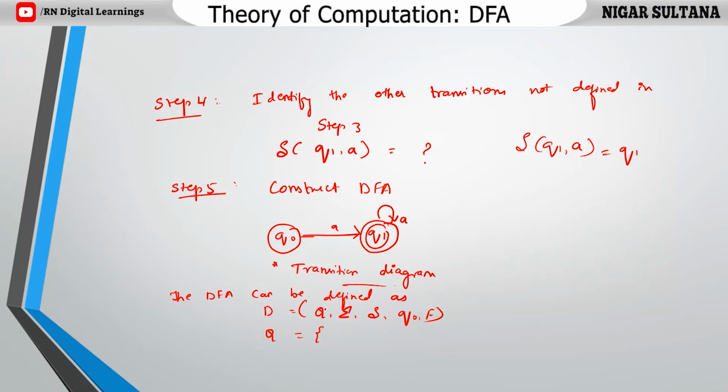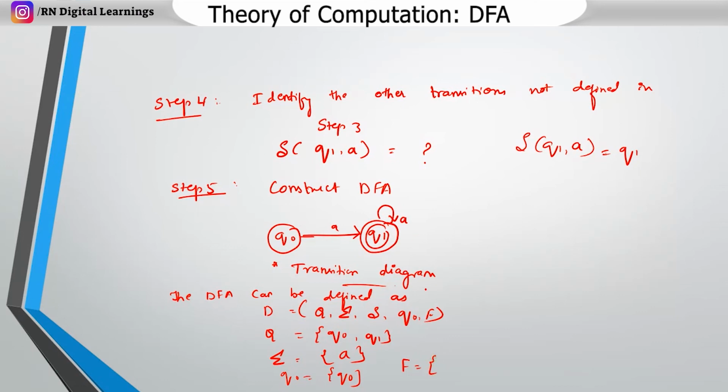Which are the number of states you have? Q0 and Q1. Next, sorry, what is sigma? So which symbol are we going to use? A. Next, what is Q0? So the starting state is Q0 itself. Then what is F? F is the final state. Q1 is the final state.